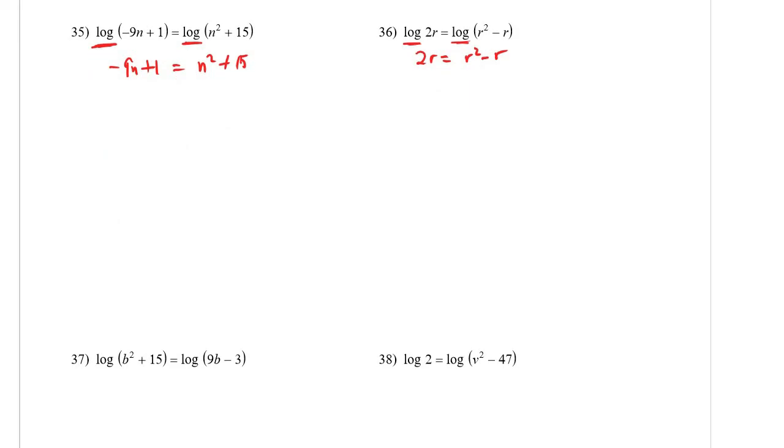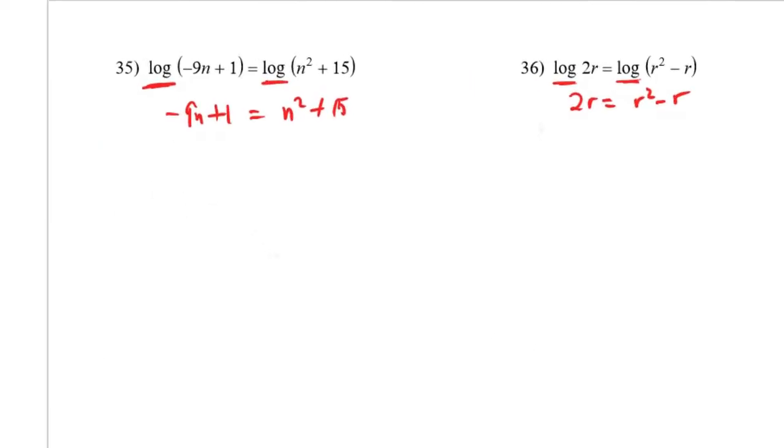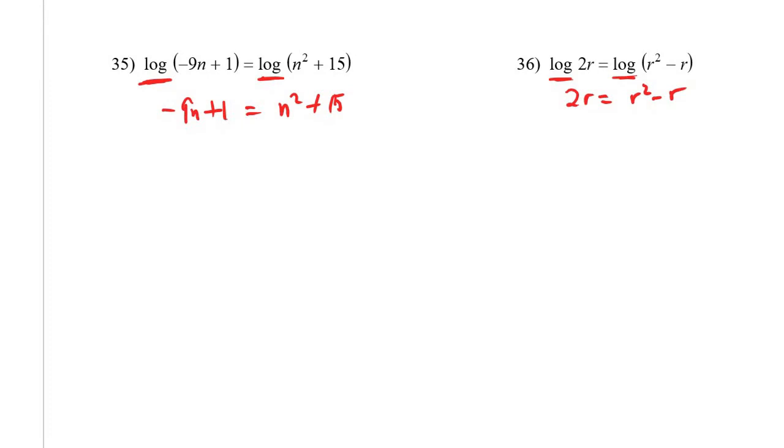All right, I'm going to do one that involves a quadratic, which is number 35. This one has an n squared, so some quadratic equation is involved. Let me write it properly. I didn't write it very well, so I write it now correctly. 9n plus 1 equals n squared plus 15. Now, this is a quadratic equation.